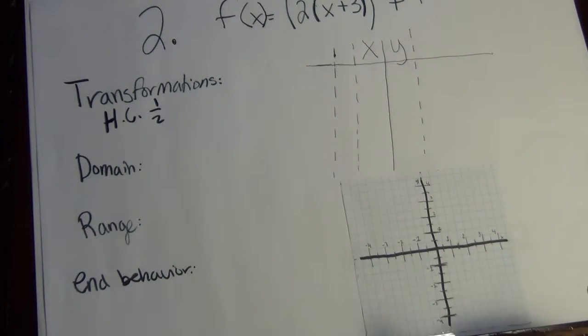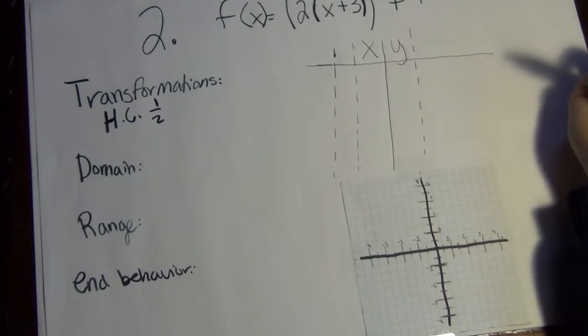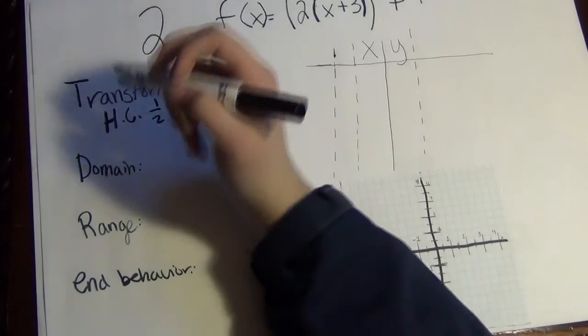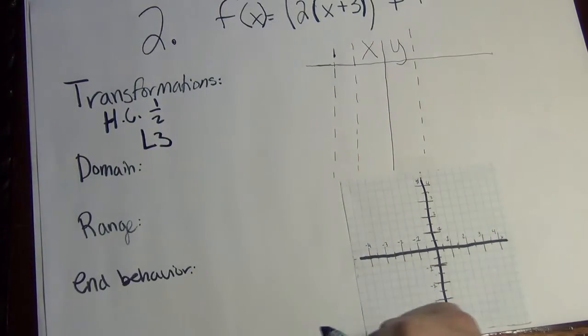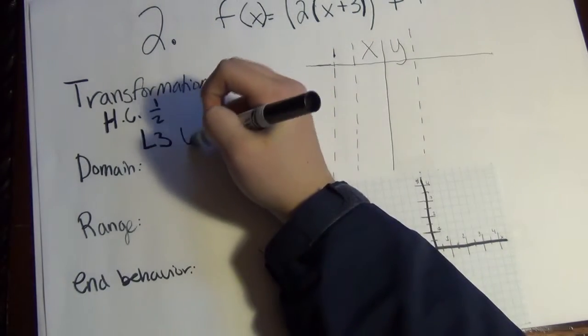And then since h is -3, you're translating it left 3. And since k is 4, you're translating it up 4.